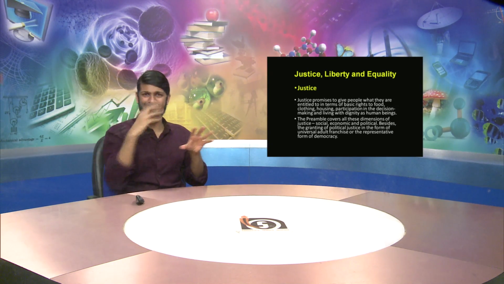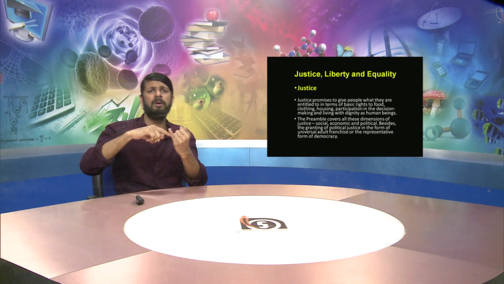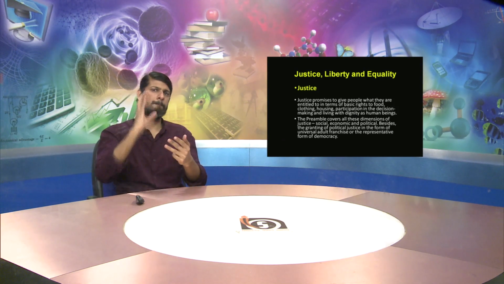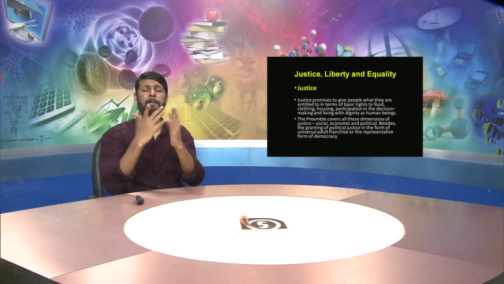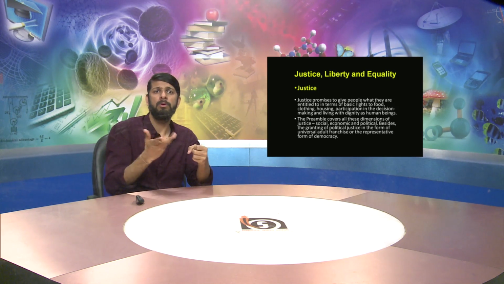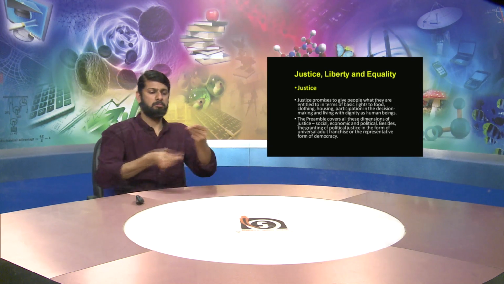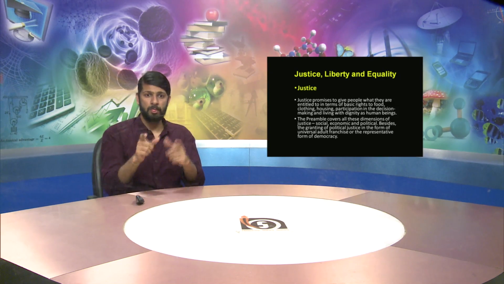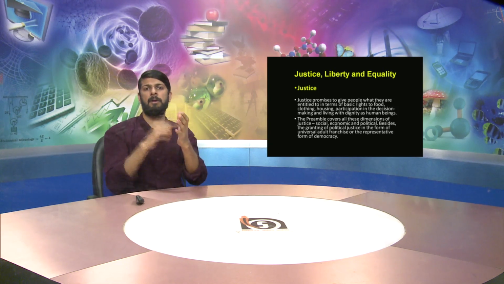The preamble covers all these dimensions of justice: social, economic, and political. Besides, the granting of political justice in the form of universal adult franchise or the representative form of democracy.